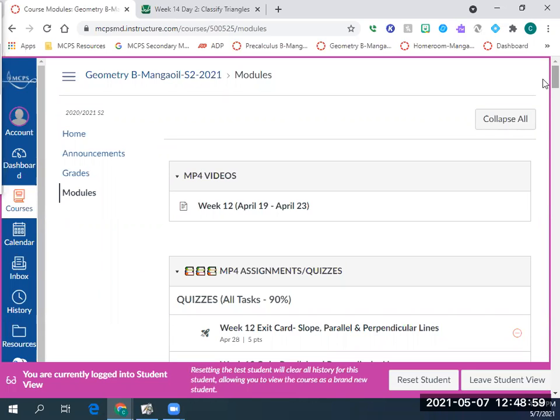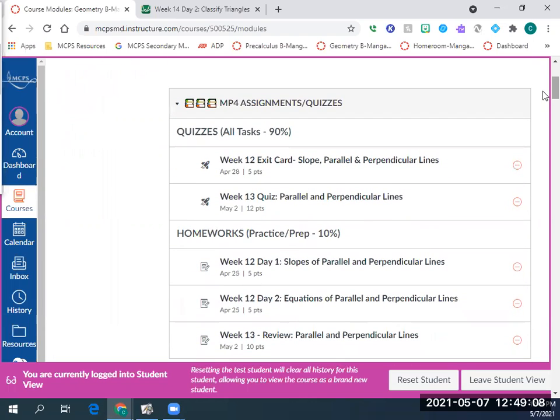The first part of your module is the video lessons that you can go back to. The second part is the collection of the assignments and quizzes. I put them together so that if you are missing any homework assignment or quiz, this is where you would go. You don't have to scroll through all the weeks at the bottom.